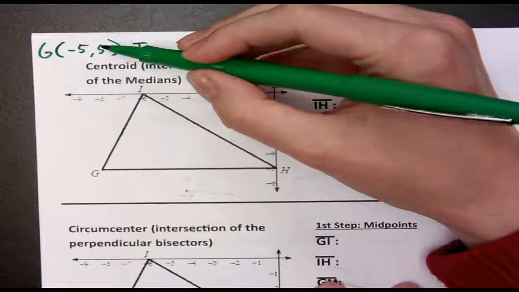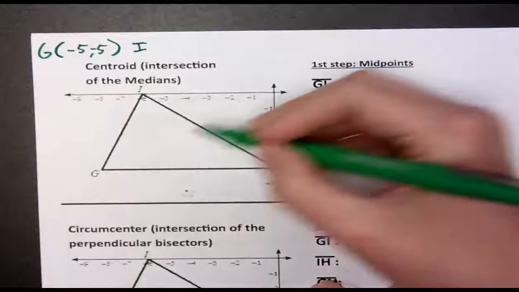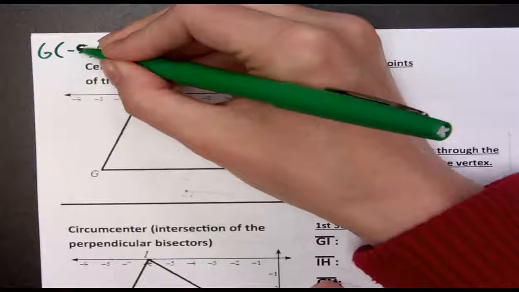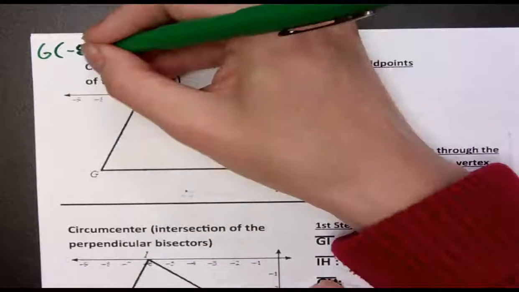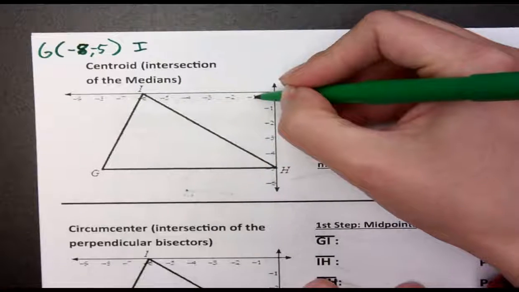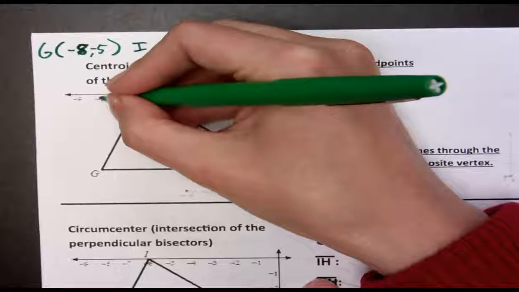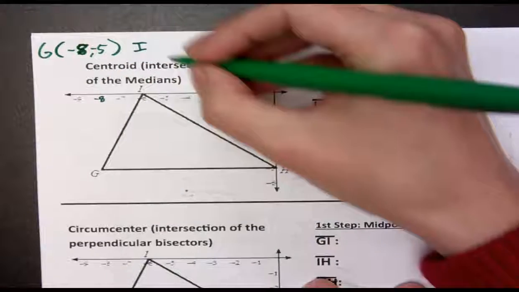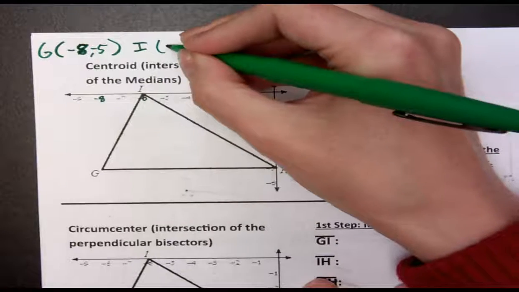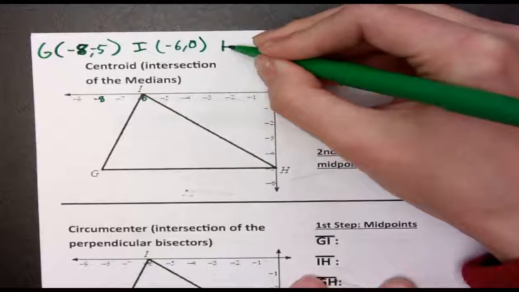Wait, G was not -5, -5. G is, yeah, -8. That's why we're labeling them. That's definitely a negative. Because if we actually count back, 1, 2, 3, 4, 5, 6, 7, 8. That's an 8. Okay. So I is hitting at, if I count back, -6 and 0. And then what's H hitting?